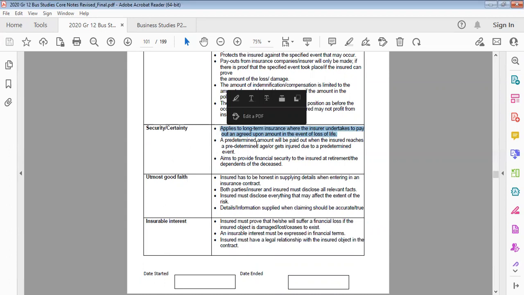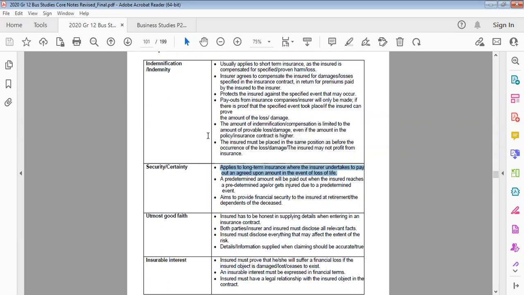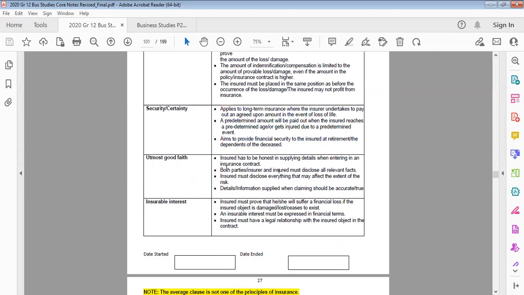So this is the assurance part, and this is the insurance part of the contract. So the contract must either state that it is an indemnification or it is a security, depending on what you're offering the insured. Okay, it aims to provide financial security to the insured at retirement, or the dependents of the deceased. Okay, cool. Utmost good faith: honestly supplying details.